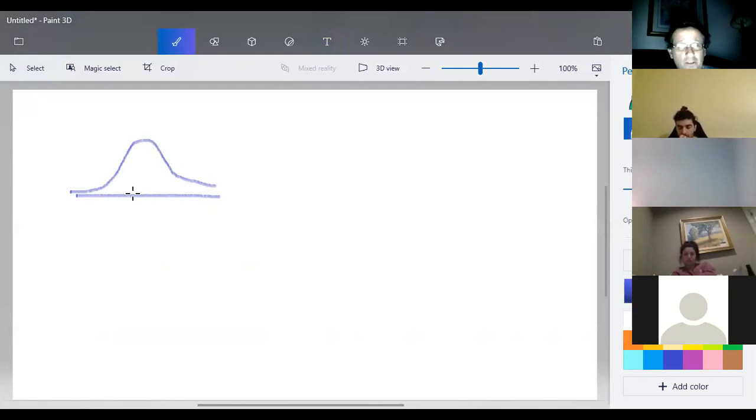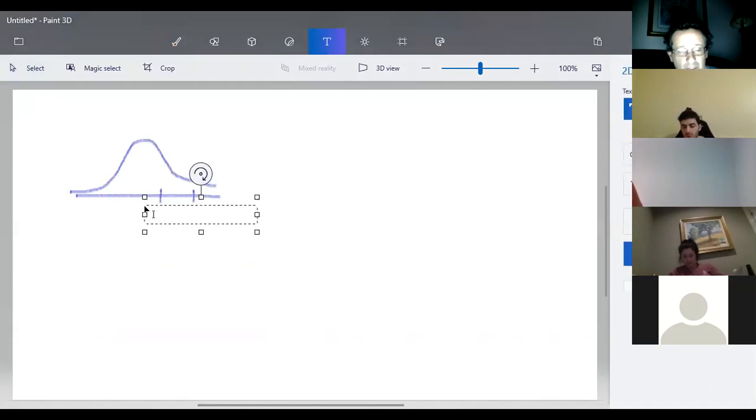One of the things to note is that if you want to find out the probability, let's say we had some numbers in here. Let's say this is a 2, and let's say that's a 5.